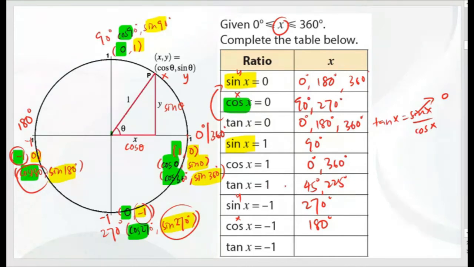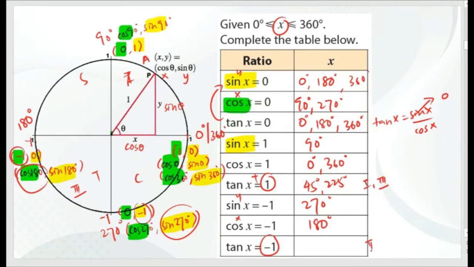Why is tangent x equals 1 here 45 and 225? Because positive for tangent is the first and third quadrant. All Students Take Calculus. So the first and third quadrants are for positive values.